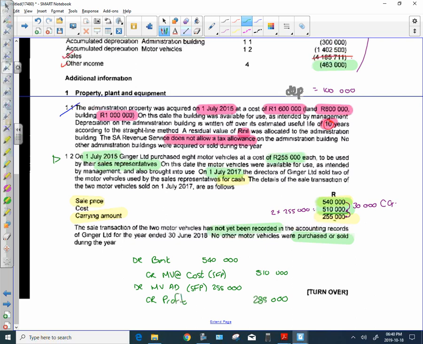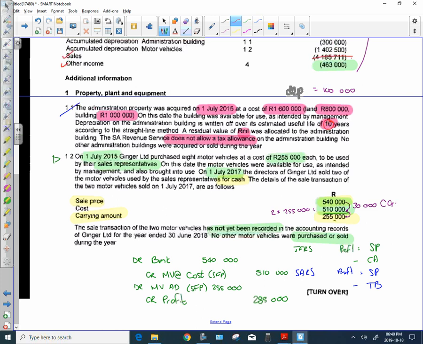In terms of SARS, if for IFRS your profit is equal to your selling price minus your carrying amount, for SARS your profit would be selling price minus tax base, right?